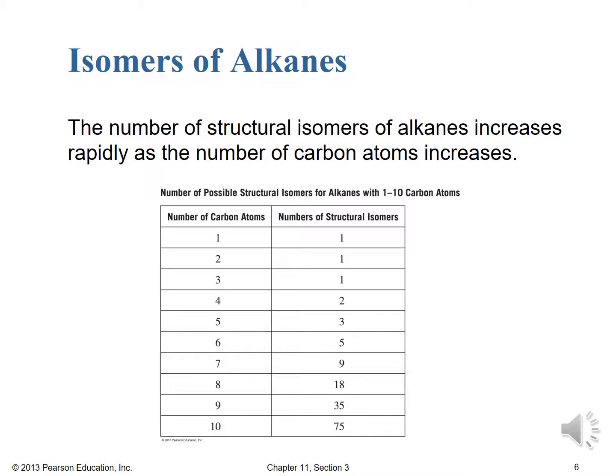So that's one reason organic chemistry is so important, because the structure is so critical. We have to know what atoms are and where they are in a given organic compound, because we have such a diversity of compounds that we can make with those same building blocks. And remember, this is just carbons and hydrogens we're talking about right now. Imagine when we throw oxygens and nitrogens and phosphorus and sulfur in there.